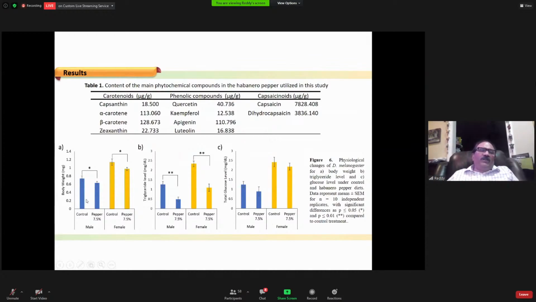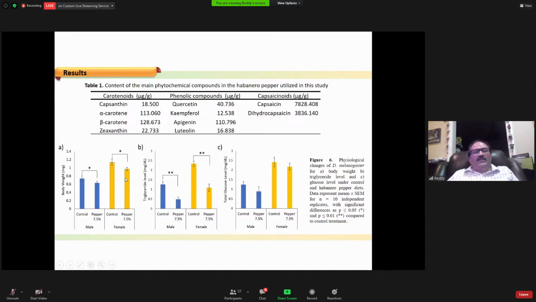So here we identified, here is the body weight in the control, that do not have any peppers here. But there is significant difference. If the pepper powder is fed at 7.5% mixed in the diet of Drosophila, its weight is reduced.